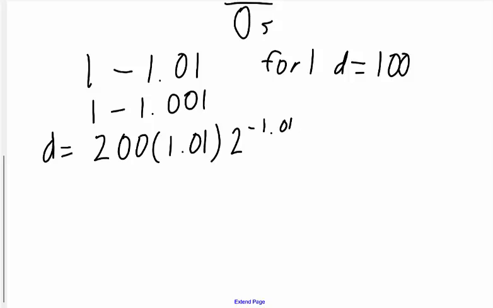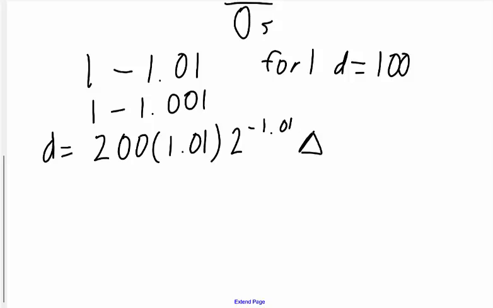In 0.01 seconds, what is the change? So let's use something for change. In math, we often use the symbol delta, a triangle.